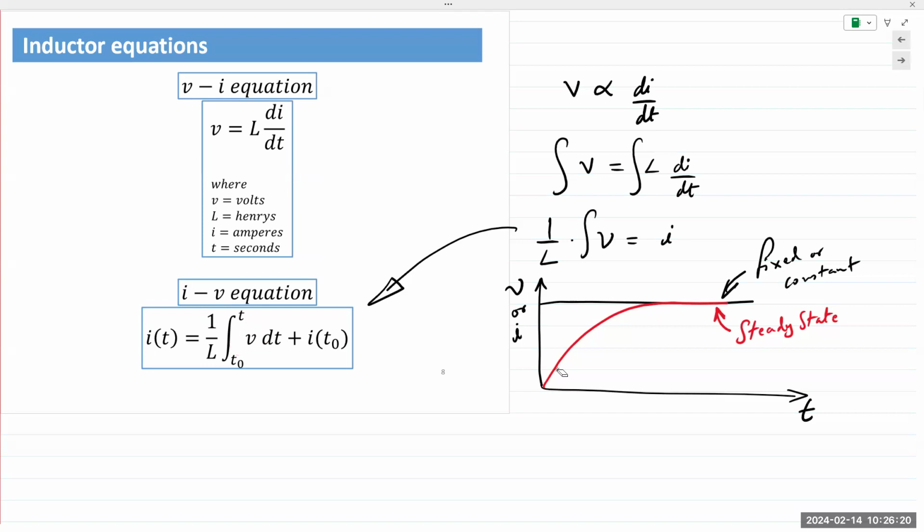But take a look at t0 and t. What are we saying here? We are saying that the voltage and current are a function of time, meaning the value of that voltage or current changes depending on the time instant where we are looking at it, right?